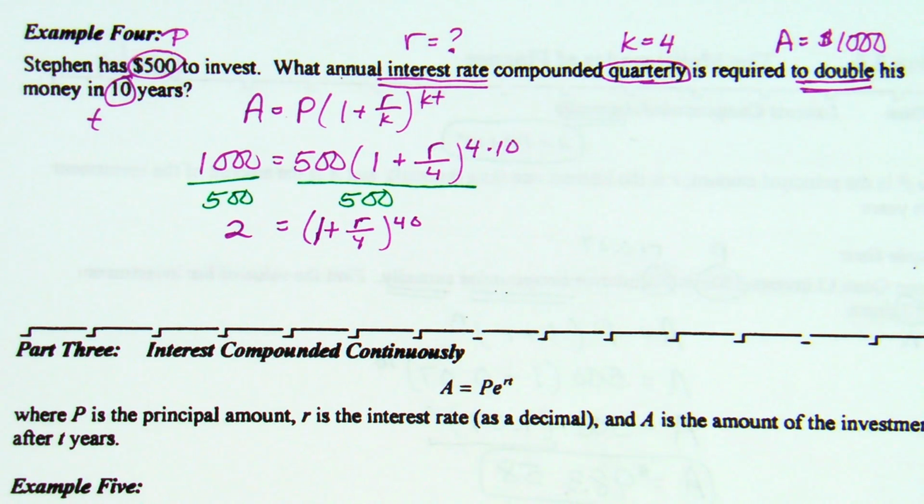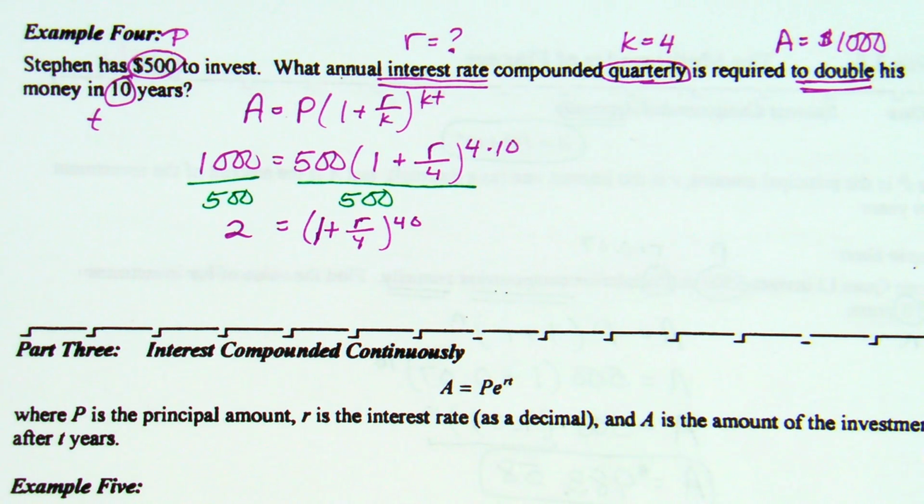So to get to that R inside the parentheses, let's talk about how I can get rid of that 40. Take the 40th root through.